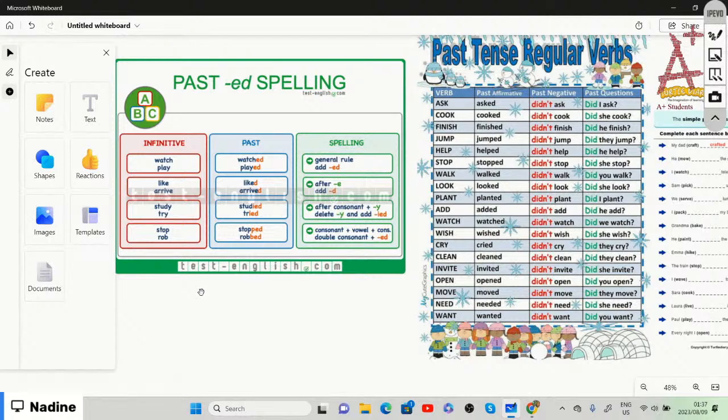The same with try: we drop the y and we add ied, because now it shows tried or studied. So after the consonant, if there is a y, we delete the y and we add the ied.